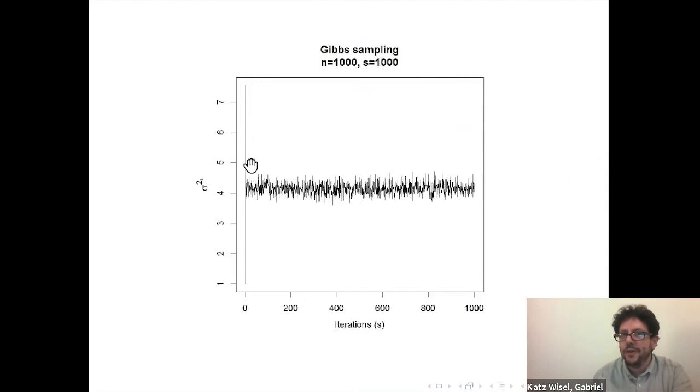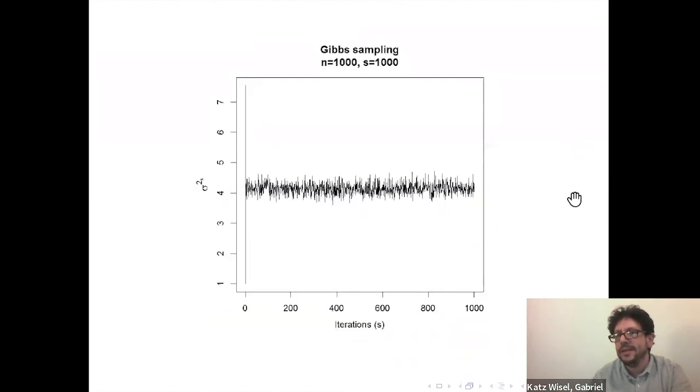Similarly, for sigma squared, I start generating samples from an inverse gamma, and at the beginning the samples generated are all over the place, but eventually they stabilize around a value close to 4.